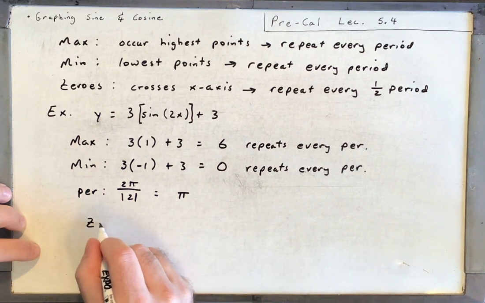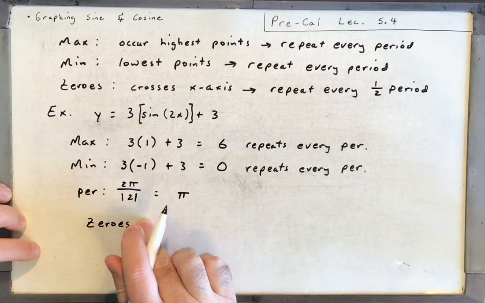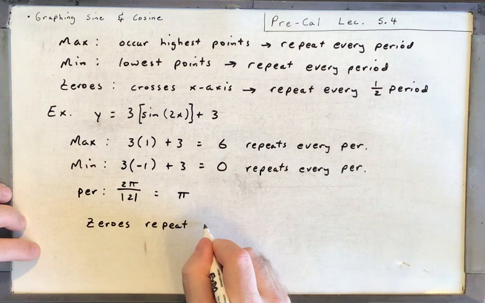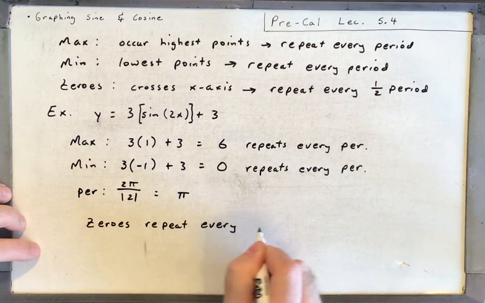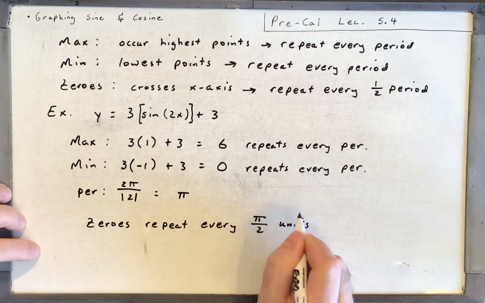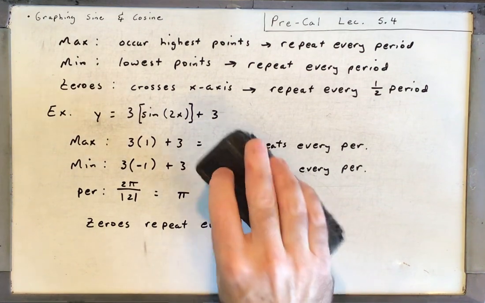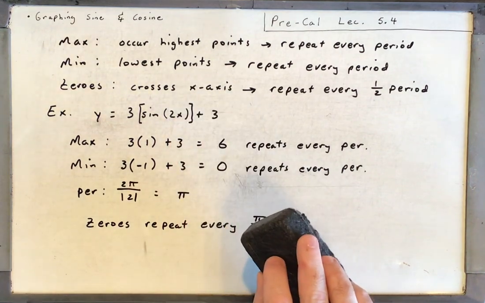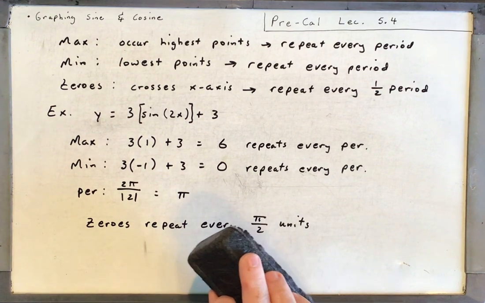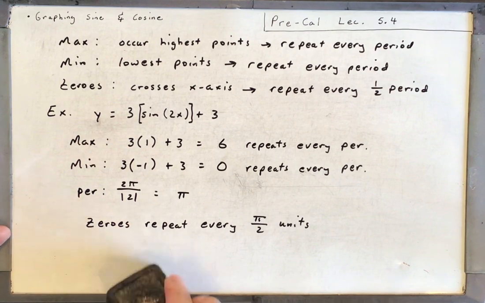All right, the zeros repeat every half a period, pi over 2 units. All right, now we could figure out the x value where we have a max and where we have a min. We'll do that on one of the homeworks, but that's not a major topic for this one.